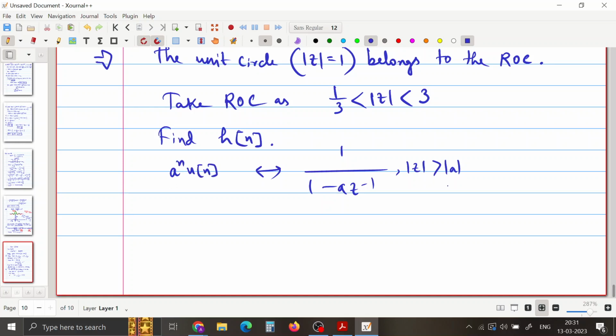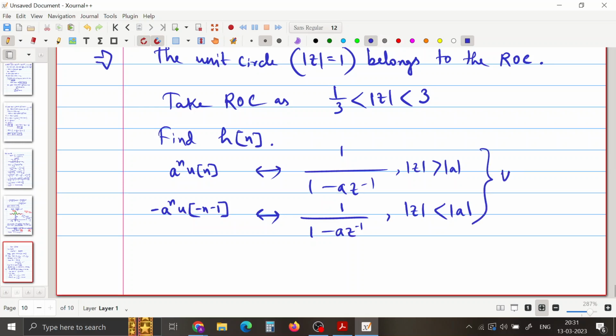And if the ROC is inside of a circle, then the time domain sequence is of the form minus a power n u of minus n minus 1. So use these relations.